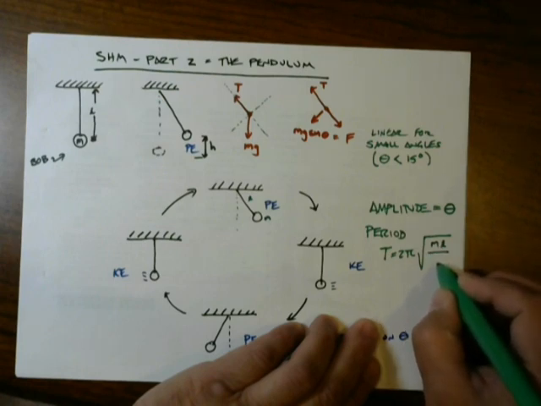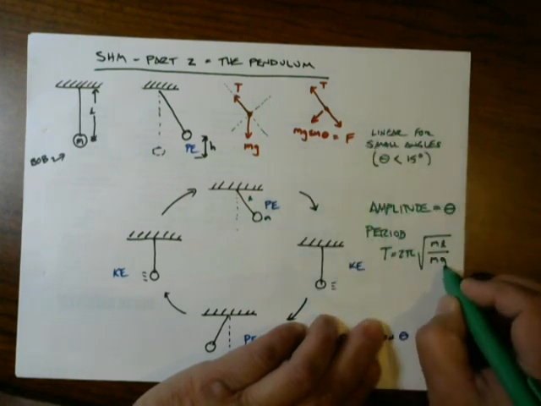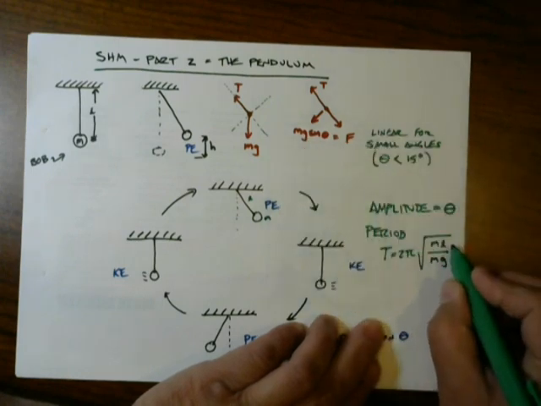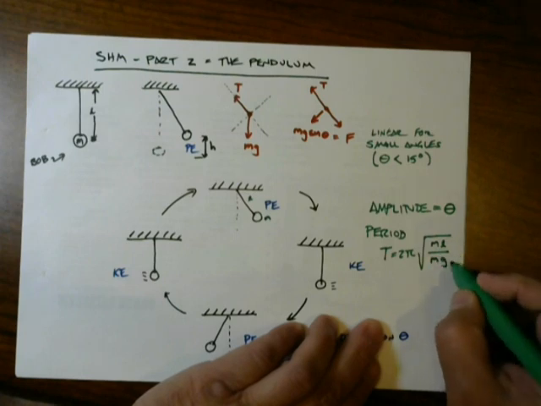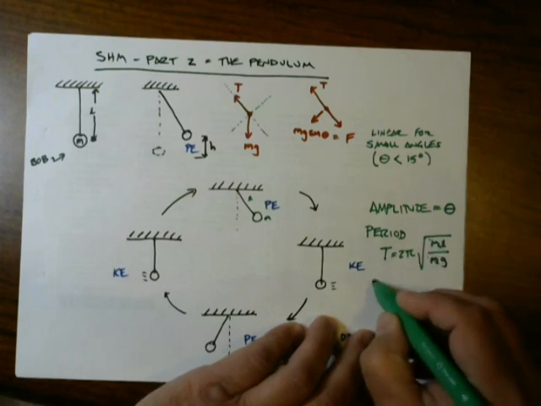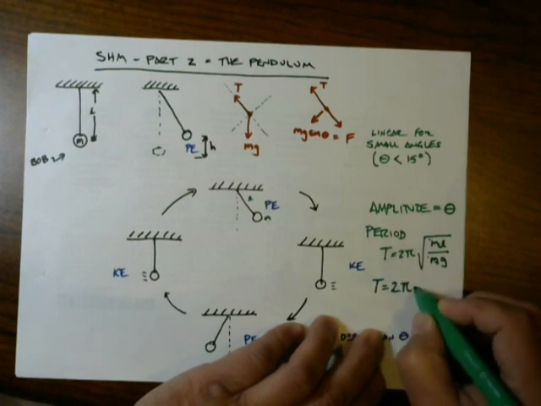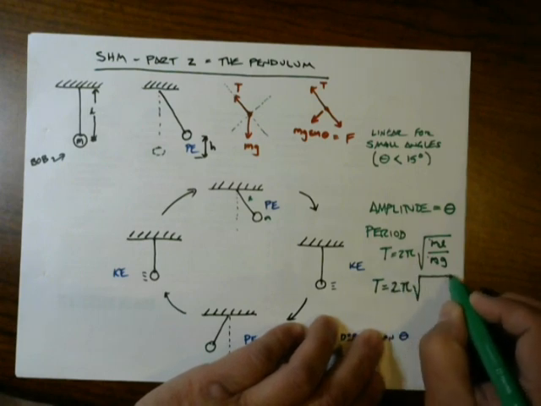And then on the bottom, the restoring force is proportional to m times g, or the weight of the bob. So the inertial term is the length and mass, and the force term is the gravitational acceleration and the mass, and the masses cancel top and bottom. This is really interesting about the pendulum. One of the reasons why a pendulum can be used as a timing device so well is it doesn't really matter what the mass is.